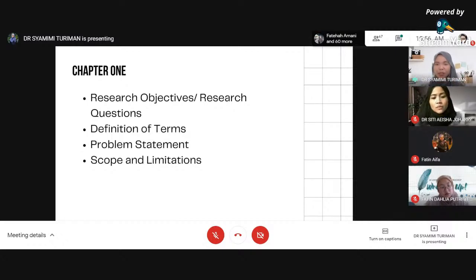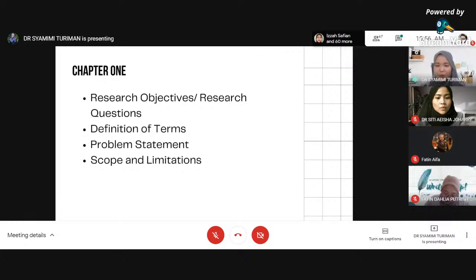Based on your scope and limitation, you may want to include only respondents aged, say, 15 to 19. If that is your decision, it has to be explicitly mentioned in your operational definition. Operational definition means how you define young adults in the context of your study.